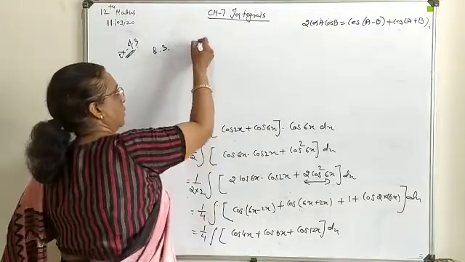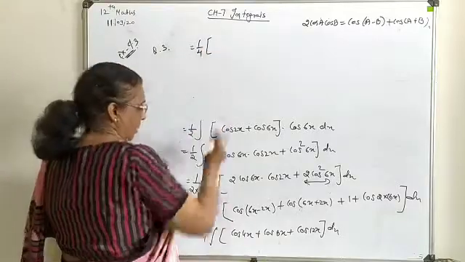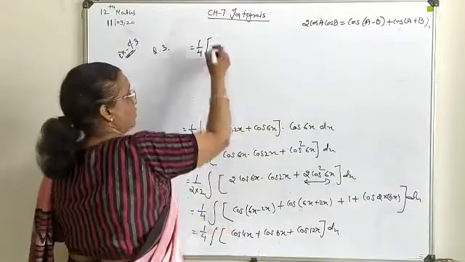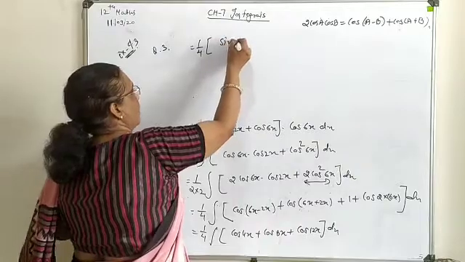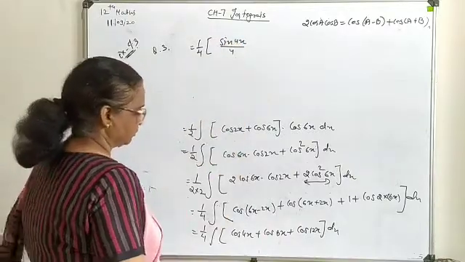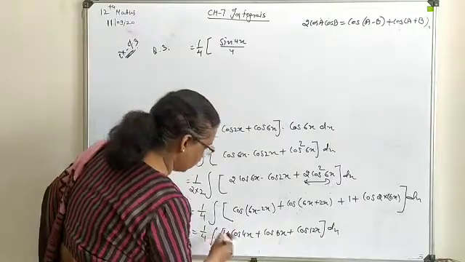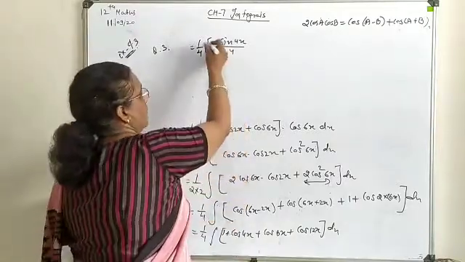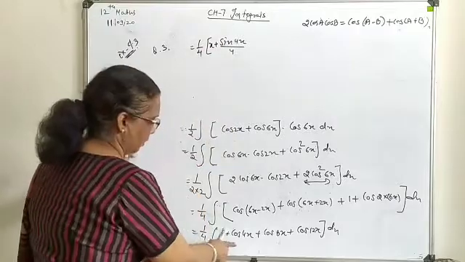This is 1 upon 4 outside. Integration of cos 4x is sine 4x upon 4, plus 1 at the first position, so its integration you will write as x.